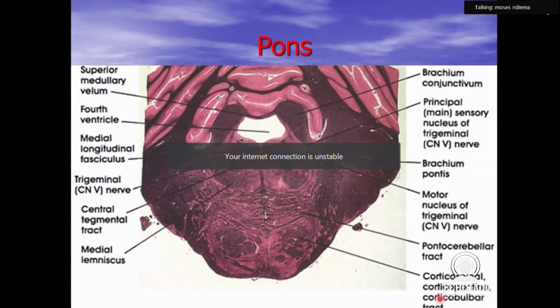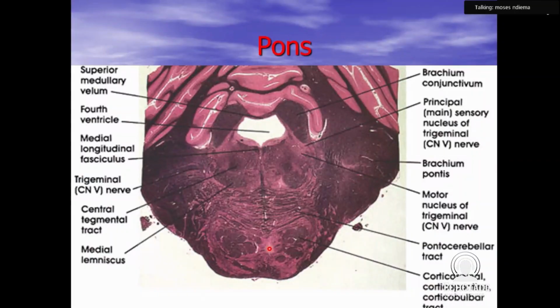These are tracts that terminate in the cranial nerve nuclei. These ones are from the cortex, so those form the basal part of the pons.